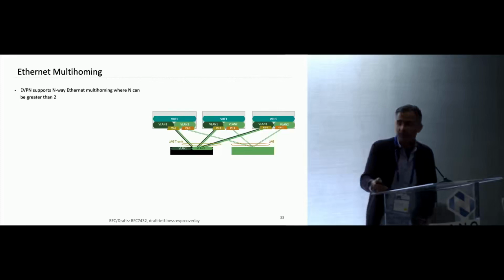So if I have 100 VTEPs and I have an active receiver for a group on only 10 of them, I only send 10 copies at the ingress rather than 100 copies, which is quite a lot, right?